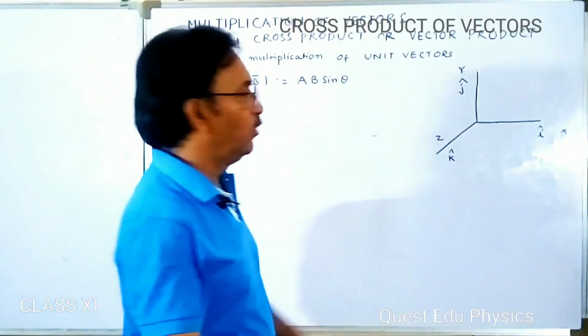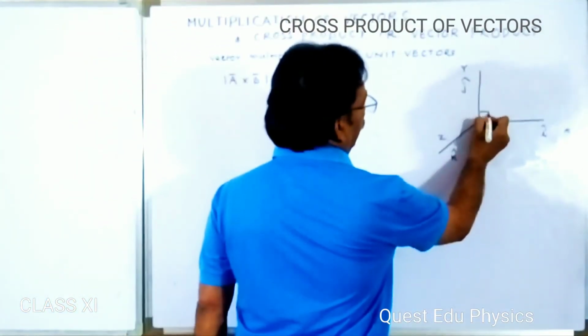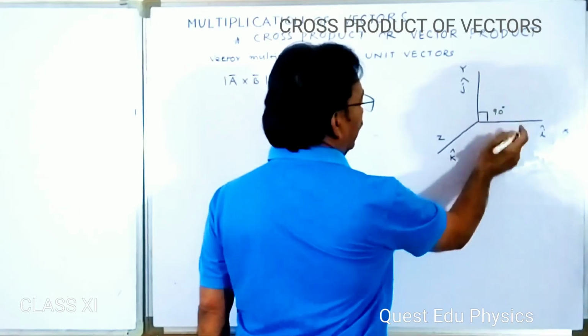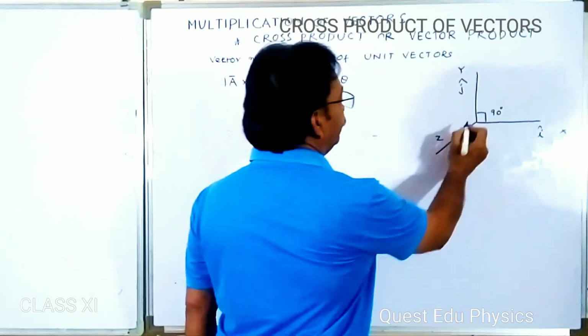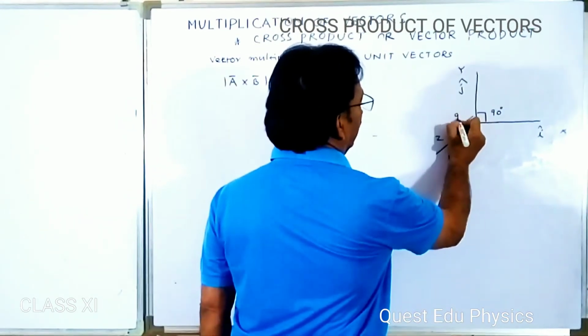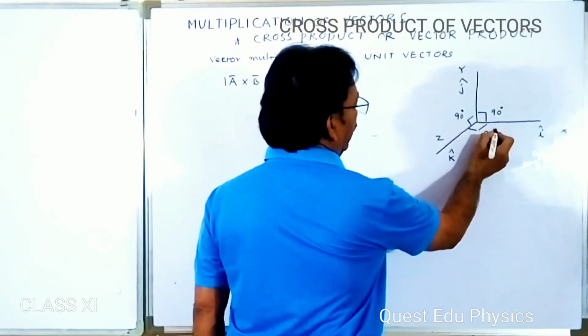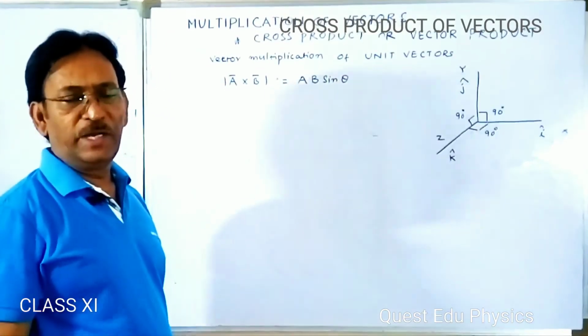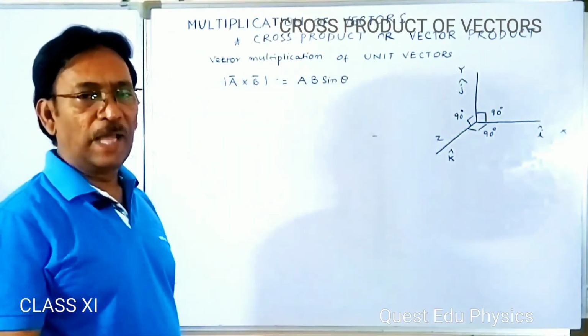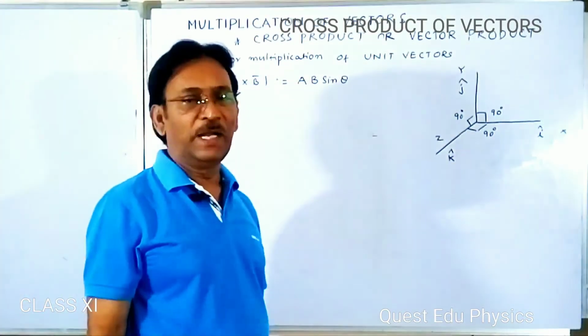If you watch this diagram carefully, the angle between i and j is 90, j and k is 90 again, and k to i is also 90 degrees. When we take the orthogonal vectors, the angle between the two vectors is itself 90.